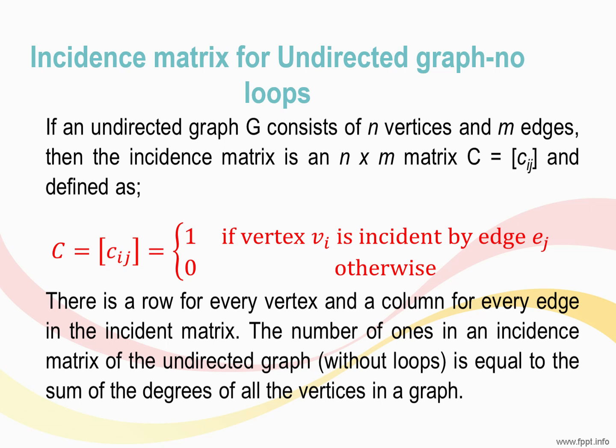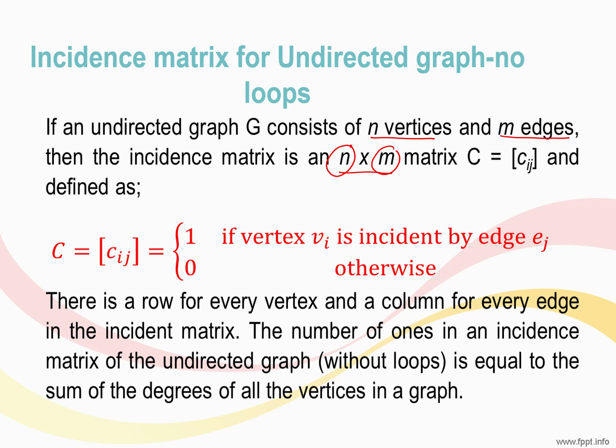Incident matrix for undirected graph with no loops. Incident matrix is different from adjacency matrix, whereby the rows in the matrix represent the vertices, while the columns of the matrix represent the edges. So, here the dimension of the matrix is n by m, where n is the number of vertices and m is the number of edges.